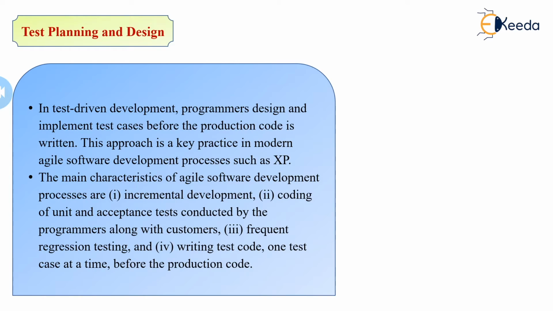Now, Agile is based on incremental development, coding of unit tests and acceptance tests conducted by the programmer with the help of the customer, right? Then frequent regression testing, of course, as changes happen and regression occurs. Then written test code, meaning test cases are written before the actual code is written. Nowadays the agile process is being carried on.